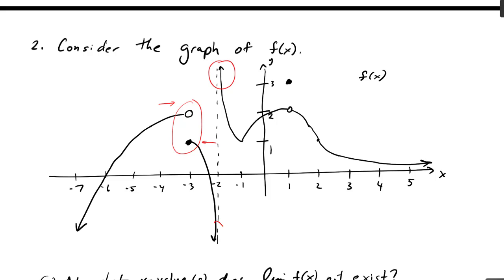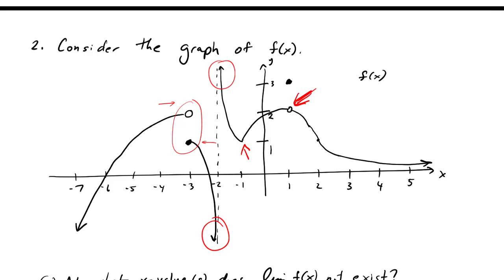At the asymptote there, the limit does not exist. And that's it. Realize the limit does exist there, and the limit does exist there. Okay, the limit is 2 at that point, so that's okay.